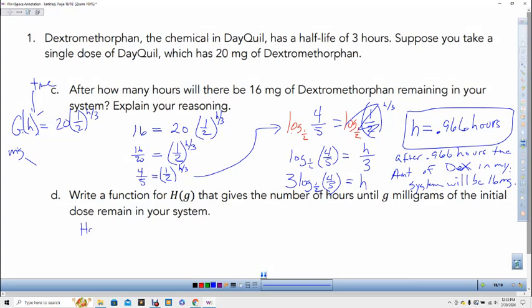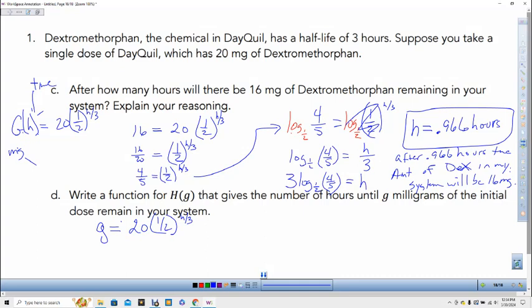So h of g is going to be the inverse of g of h. So let's say g is equal to 20 times 1/2 to the h over 3. And then all we're going to do is solve for h.